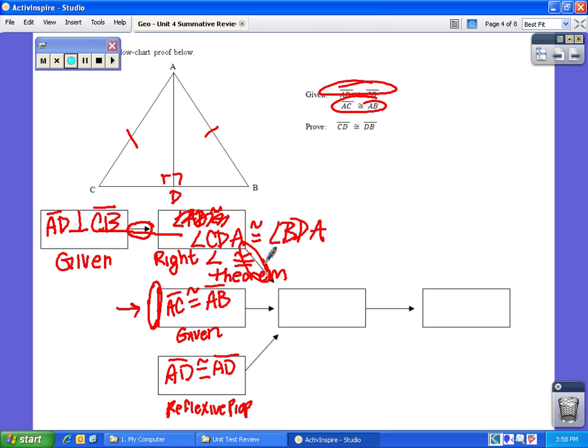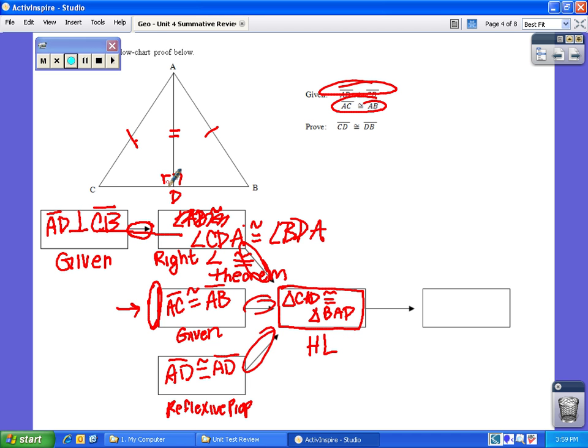You'll notice that all three of these arrows are pointing to this box. So we'll use these three to tell us that triangle CAD is congruent to triangle BAD, and that's by hypotenuse leg.